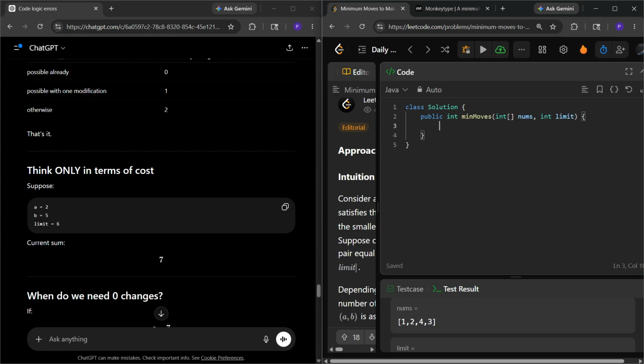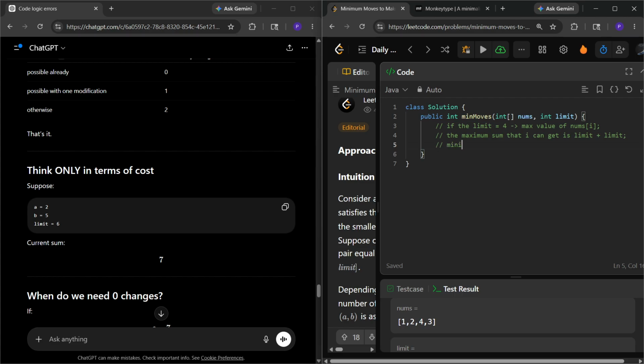If the limit is equal to 4, the max value of nums of i, by that logic, the maximum sum that I can get is limit plus limit, right?